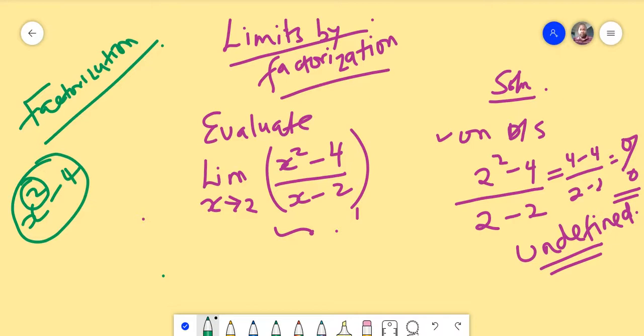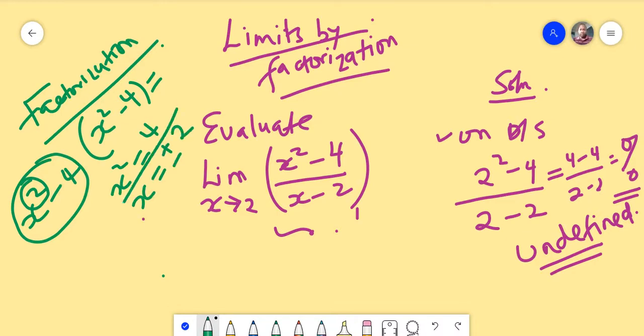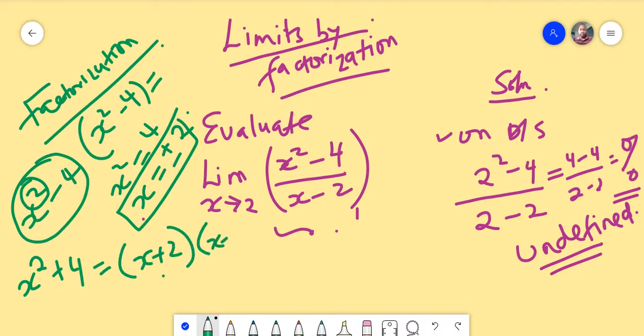Last time we said that we can factorize x squared minus 4 into 2 terms. When you solve x squared equals 4, you get x is either plus or minus 2. So x squared minus 4 can be written as x plus 2 times x minus 2, isn't it?